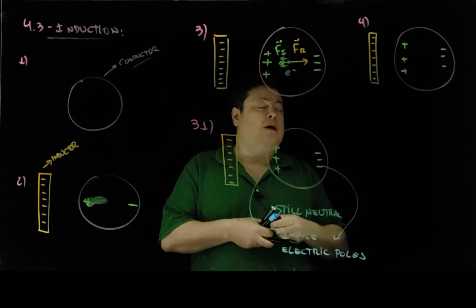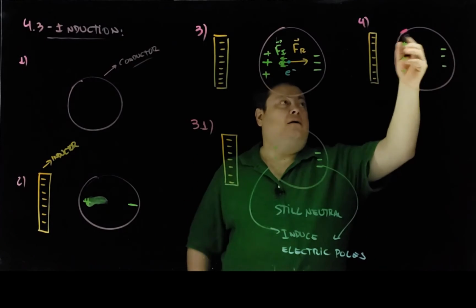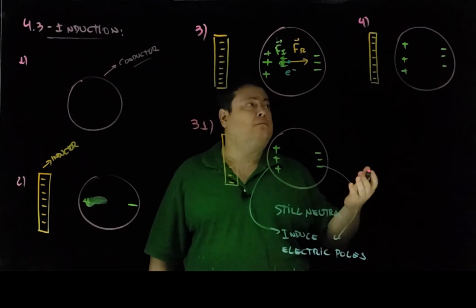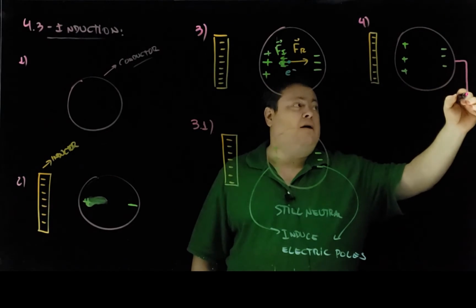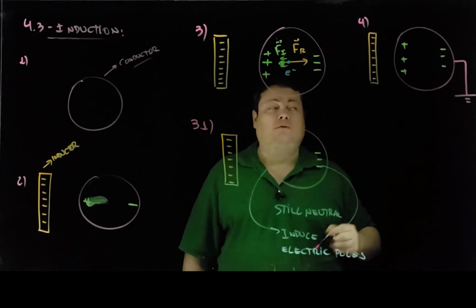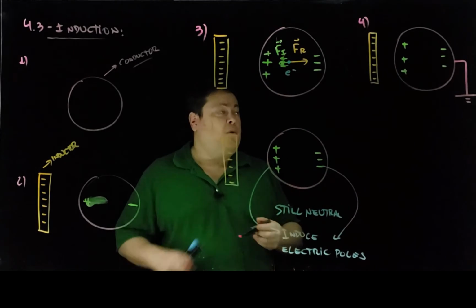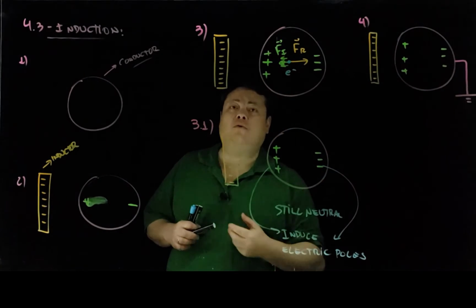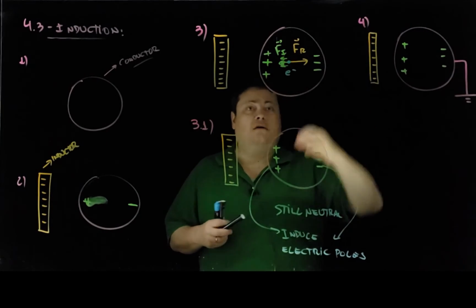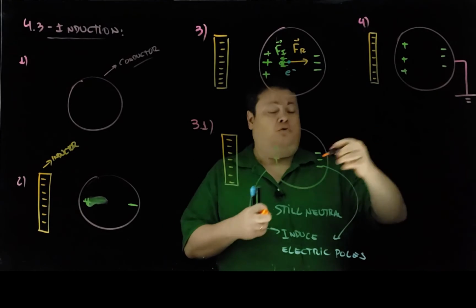I will now make a connection between my sphere and the Earth. I'm going to make a ground connection, which is represented by this symbol here in electric circuits. And when this happens, I'm giving this excessive charge a way to run away, to flow further away from my inductor. And what they're going to do is just now flow towards the Earth.